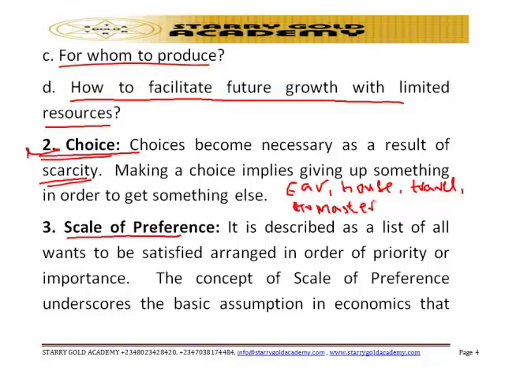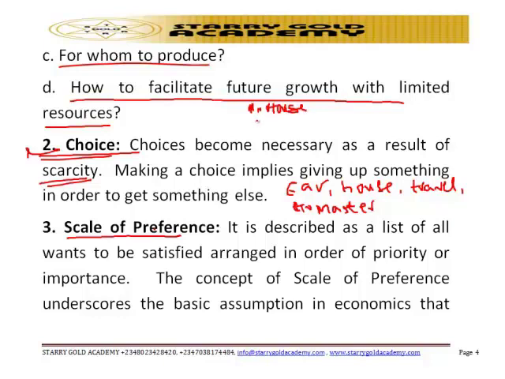So by preparing a scale of preference, I have to prioritize these according to their order of priority. For instance, for me, let me say the first important one is to get the house.